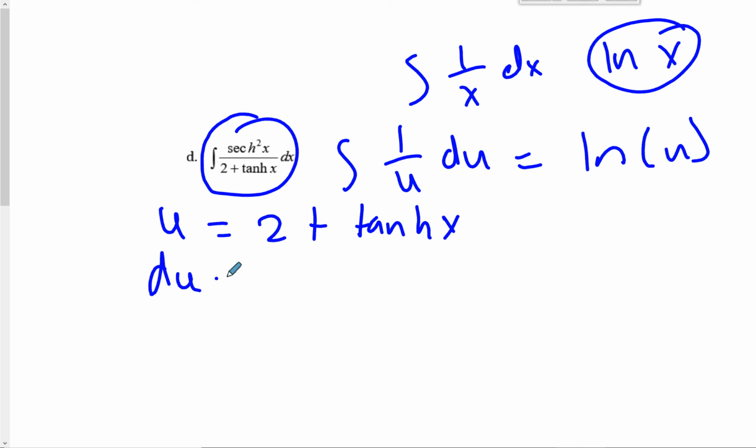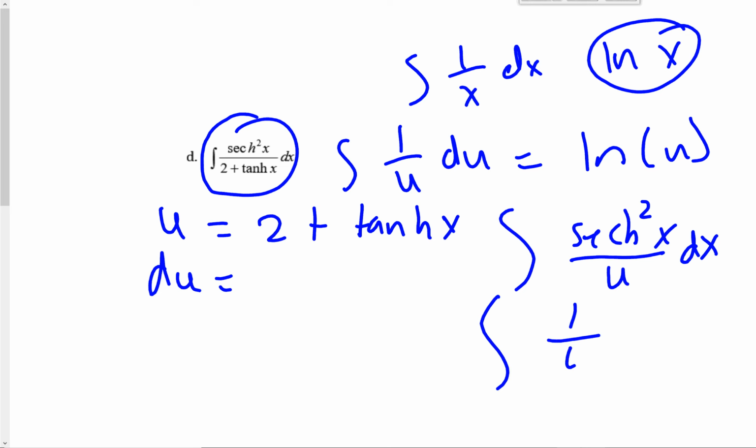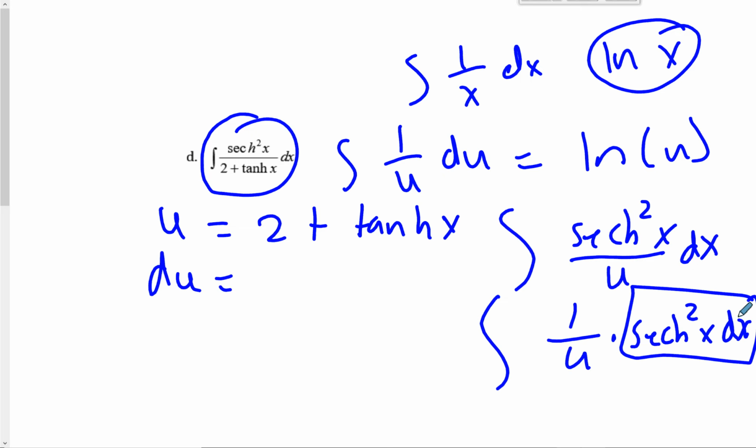Now the derivative of this, the derivative of 2 is just 0, right? The derivative of hyperbolic tangent, if you know it, it's going to be what I need, right? Because if I substitute in my u right now, before I even take the derivative of my u, I have 1 over u times the hyperbolic secant squared of x dx, right? I'll do it the long way real quick. So I need my du to equal that, right?